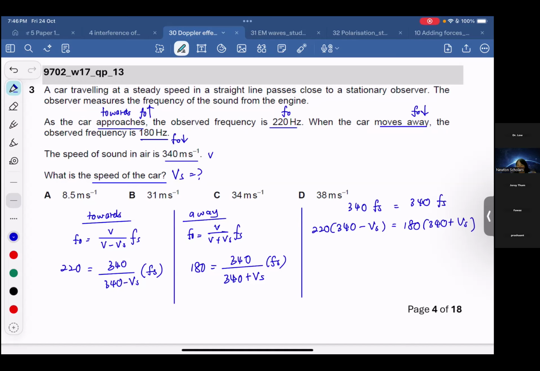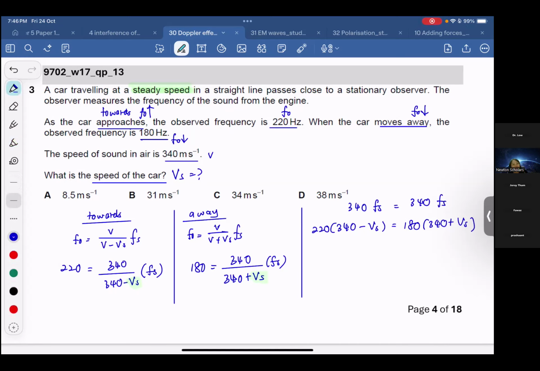I almost completed already. Okay, so case one, towards, away, you put whatever you know inside, then you try to solve these two. Because from time to time, towards or away, the car is traveling at constant speed, that means in both cases the speed doesn't change. So their Vs should be the same. We are going to find this Vs. How are we going to find it?